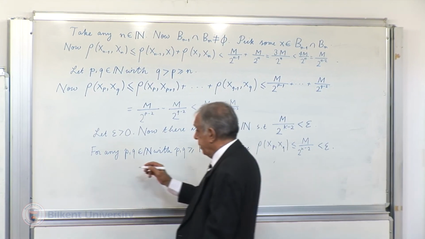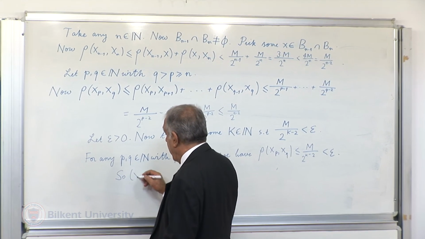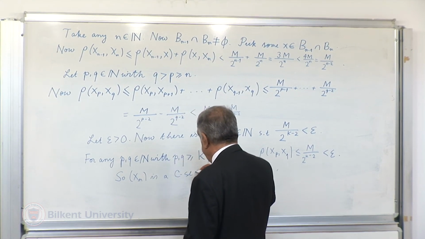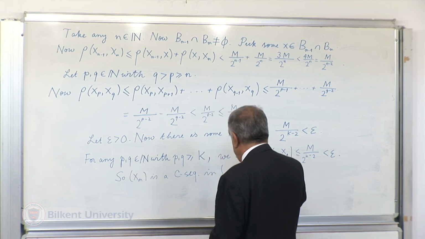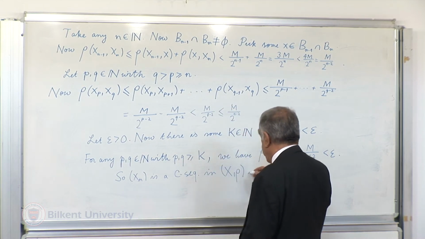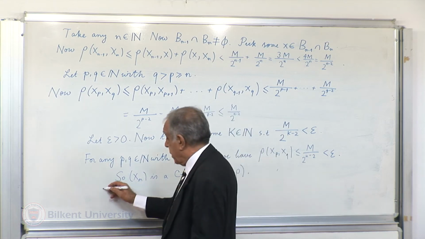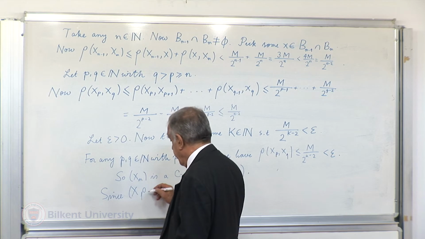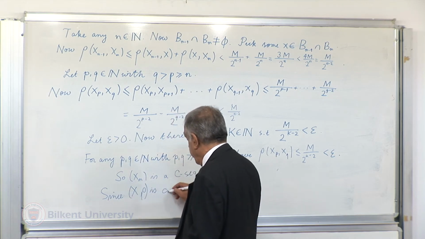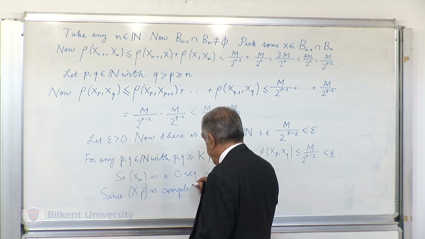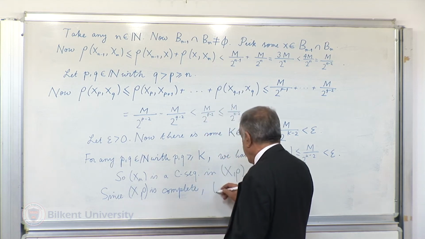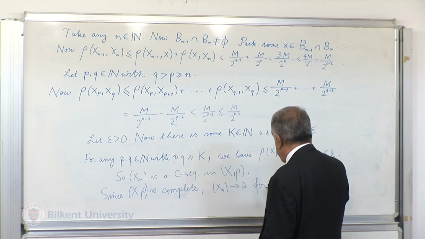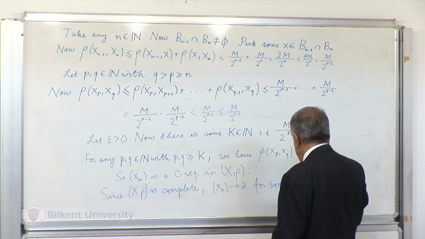So xn is a Cauchy sequence in our metric space (X, rho). Now, since (X, rho) is complete, xn converges to A for some A in X.